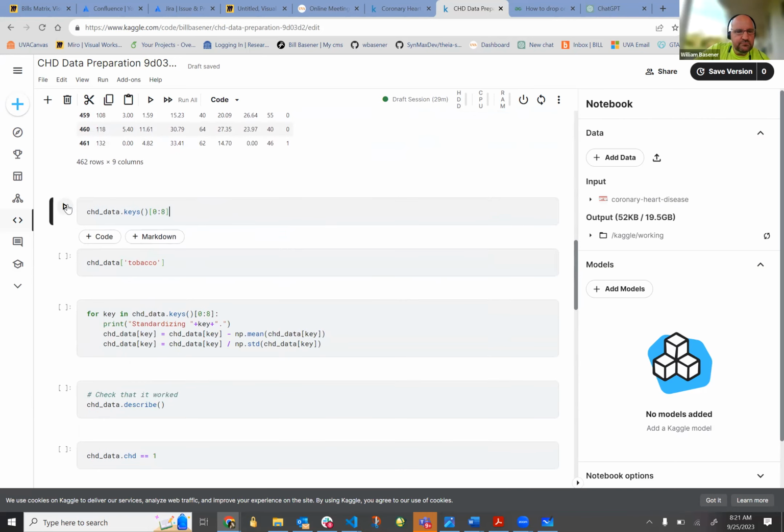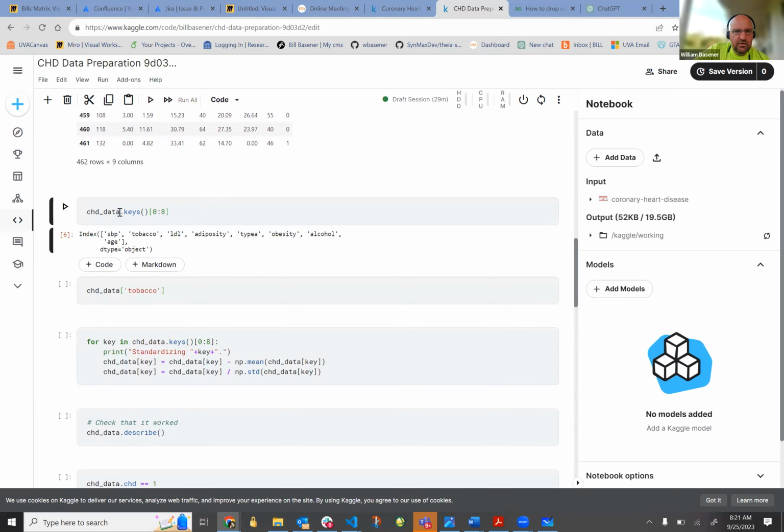Okay, so here's our dot keys, which gives us the column headers. It's a data frame, which you can treat like a dictionary, and the keys are the headers. And this says give me the keys 0 through 8. If I didn't do the 0 through 8, and this is always a good practice when you're looking at code, modify it a little bit, see what happens, make a guess on what you expect.